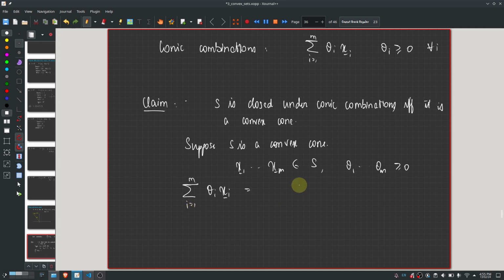Suppose I multiply and divide by the sum of all the theta i's, theta 1 plus theta 2 up to theta m. Summation i equal to 1 to m of theta i divided by theta 1 plus theta 2 up to theta m, times xi.